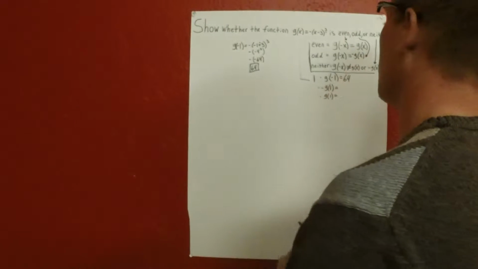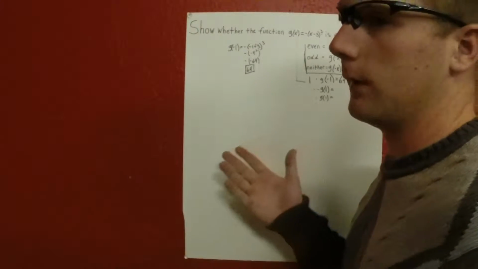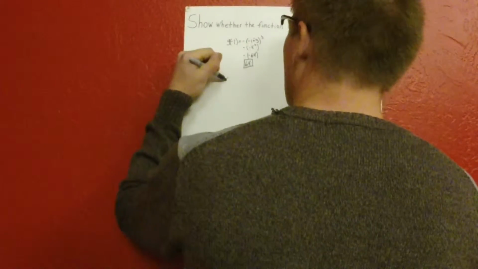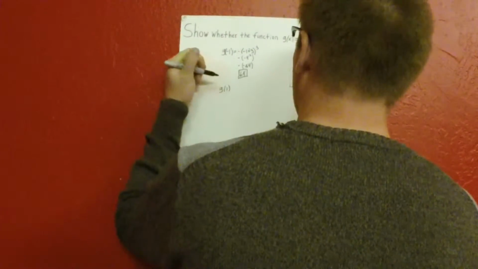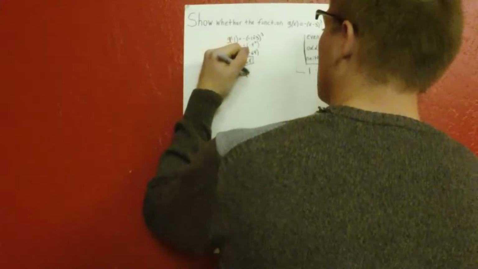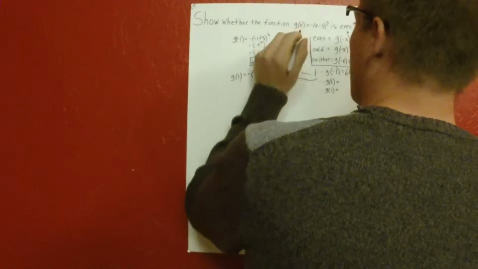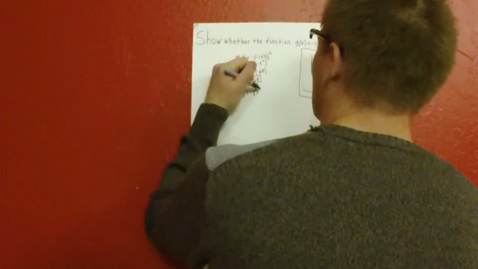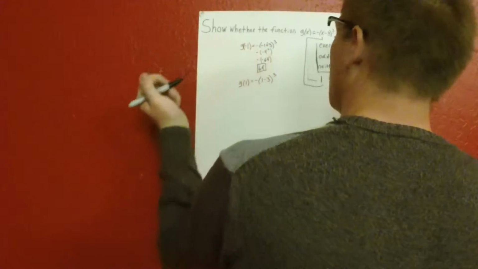So what we're looking for now is whether the 64 is going to equal g of x, or just what we get when we plug in 1 instead of negative 1. So the next thing we're going to do is plug in simple 1 and see what that gives us. We write the original function and plug in 1 for x here and here. So we have negative (1 minus 3) cubed.